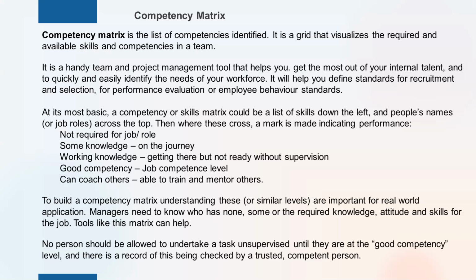So against that individual and against those competencies, you are marking on development whether this competency is for this person or this job role or not, whether this person has some knowledge or is an expert in that. So you are writing an update on the competencies, the behavior, the knowledge, the skills that an individual has in this matrix.